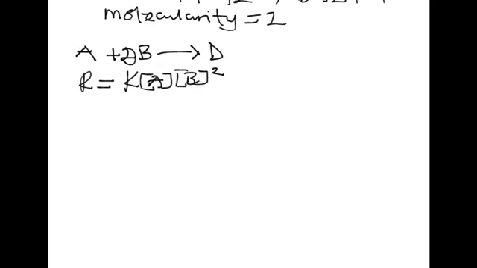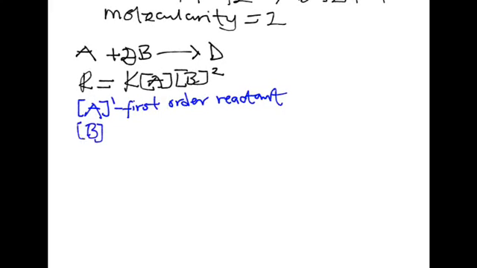So the order of reactant A is 1, and so we'll call it a first order reactant. And B being raised to the order 2, then we'll say that B is a second order reactant. What if it is to the power 3? They will call it a third order reactant.